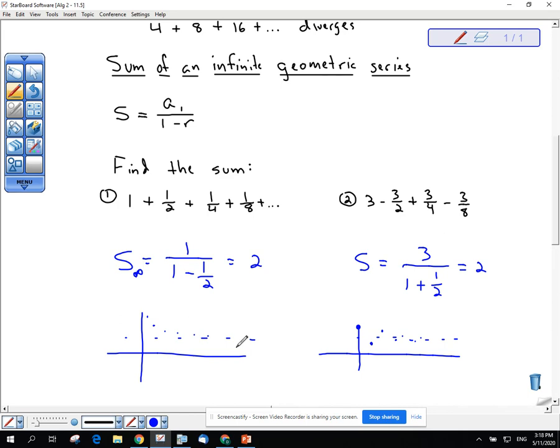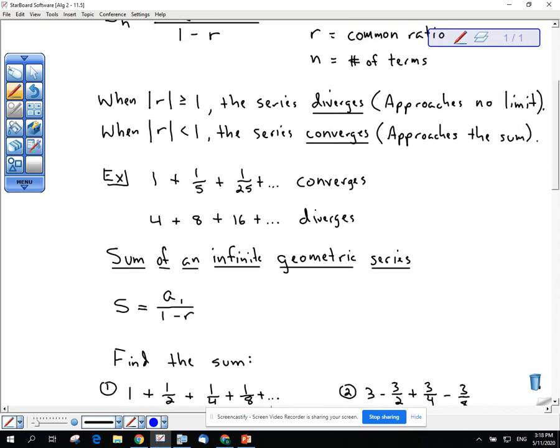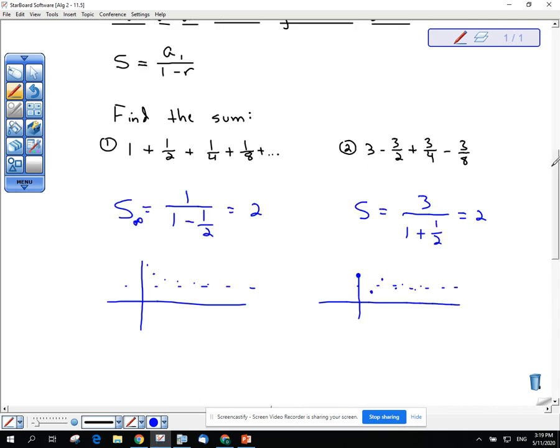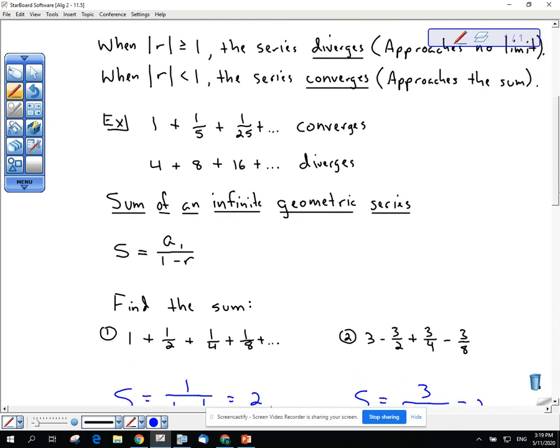Okay, now one other thing I just thought of as we go back to the finite geometric series, do be careful with the r value being negative here. I think this will happen in your homework one time. If the r value is negative, you need to raise that to the power first before you subtract. Exponents before subtraction. So what I did here, which was 1 minus negative a half, was totally legal here.